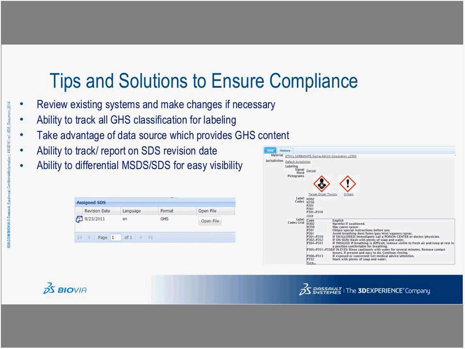The reason I mention that is because every call I'm on, every potential customer I talk to, even existing customers that are looking at how to come up to speed with GHS, they're looking for automatic content. Where do I get the content from? Unfortunately, as the different manufacturers are going out today to capture this information, there's not a ready source to do so. Biovia has already gone out and started collecting the information. They went to your Sigmas, your Acros Organics, your Fisher Scientific.